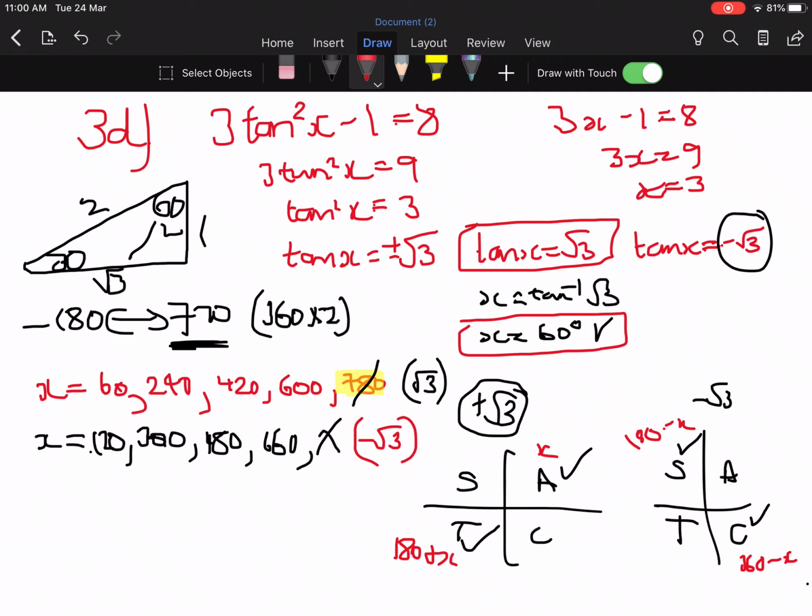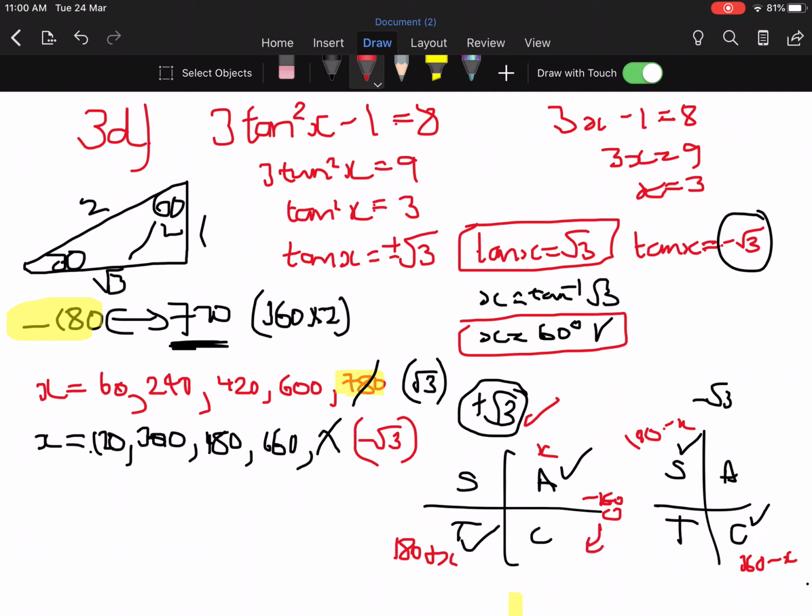Now I need to look at the negative side of it. So all I've looked at is the positive answers, so I've still got more answers to find. So if we look at the diagram now for this one here, I need to do the negatives. Now remember, negative is 0 all the way around to negative 360.